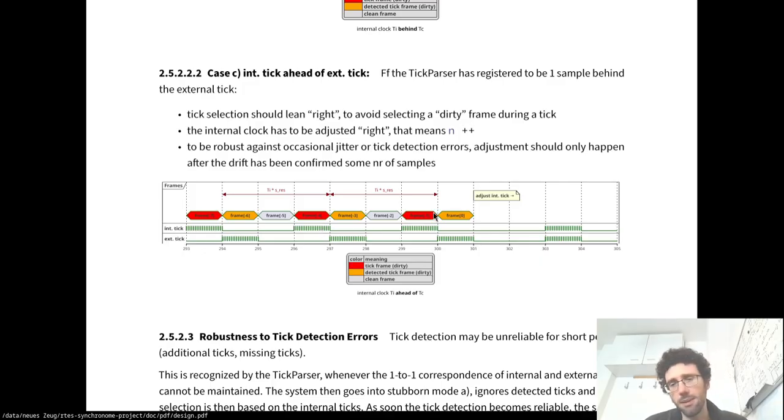But as soon as tick detection becomes online and stable again, it will immediately take into account both pieces of information in order to synchronize with the external tick.